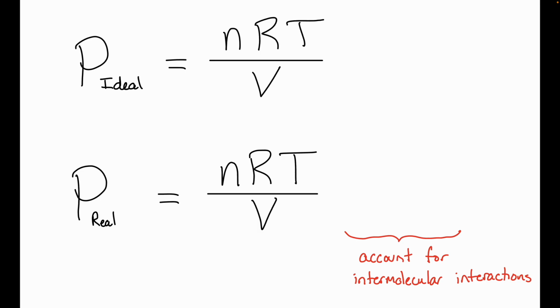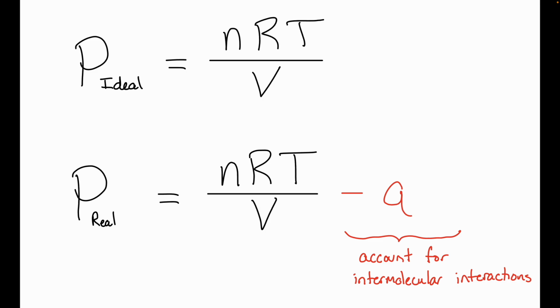All right, again, if those gas particles are sticking to one another before they bounce away, they're not going to have quite as much energy to collide with the walls of the vessel. So we're going to subtract some little fudge factor here, all right?